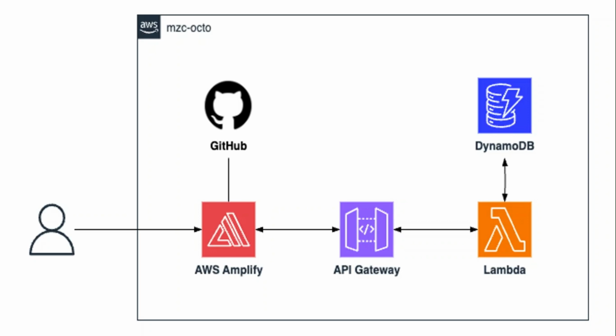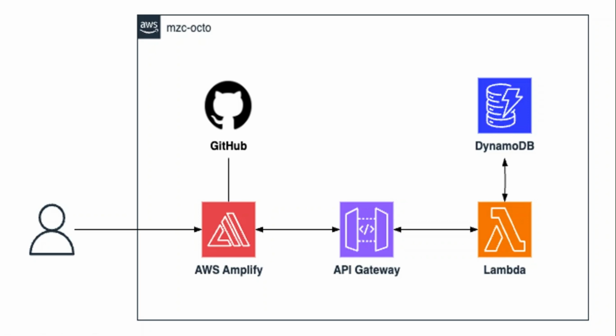Amplify acts as the front-end hosting service and integrates the application with the back-end resources. It's also linked with GitHub, enabling automated CI/CD pipelines. When developers push changes to the GitHub repository, Amplify detects the updates, builds the application, and deploys it automatically.